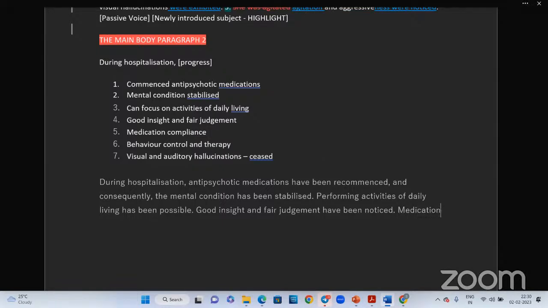Medication compliance has been ensured, established or ensured.